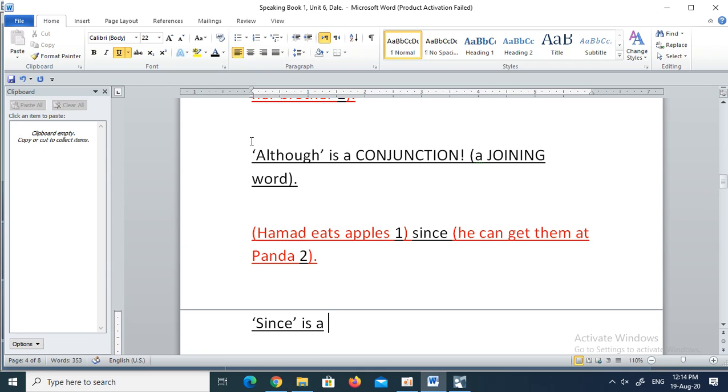Since is a conjunction. Okay, so what since does, it is a conjunction, a joining word, and it joins Hamid eats apples, which is our clause number 1, with clause number 2, he can get them at Panda.